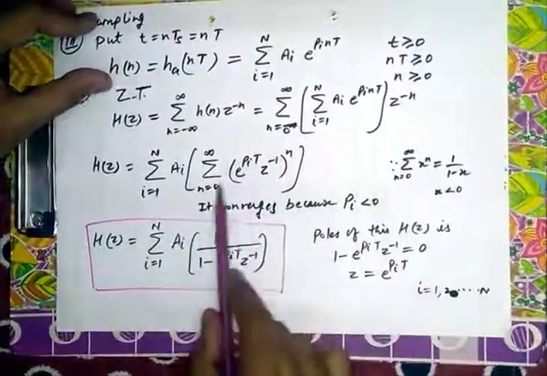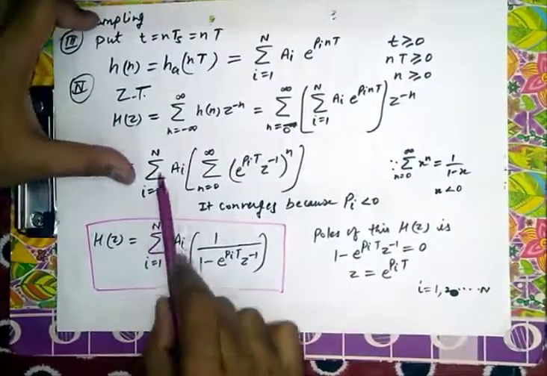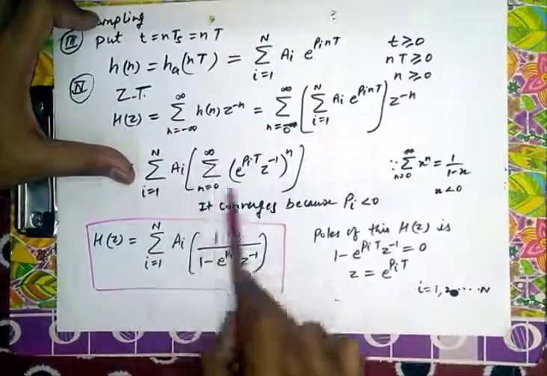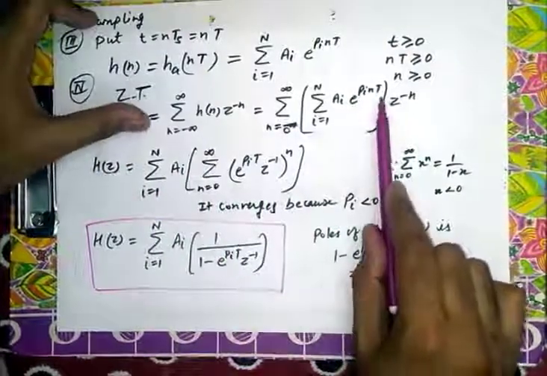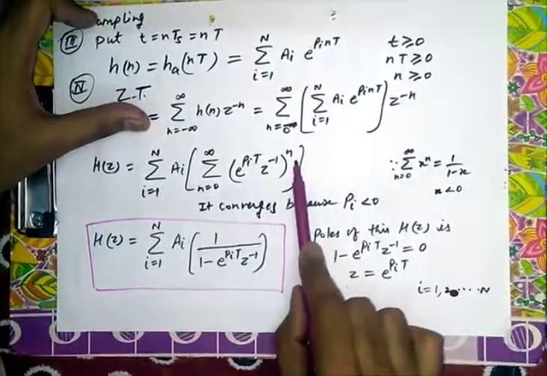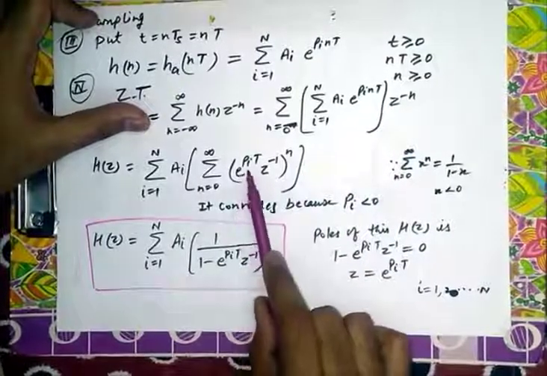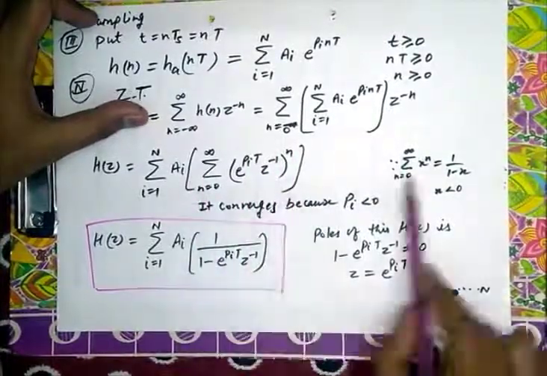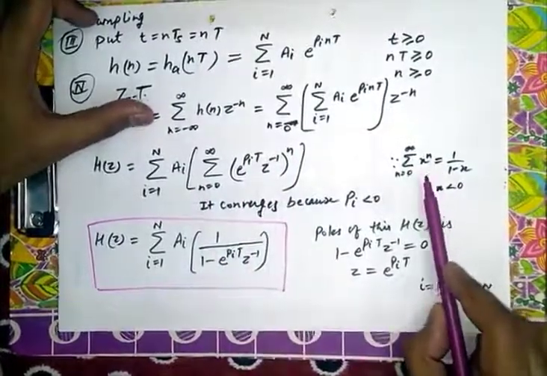Changing the order of summation, i equal to 1 to n is taken outside and n equal to 0 to infinity inside, and taking out the common power, it becomes e raised to p_i T z inverse raised to n.